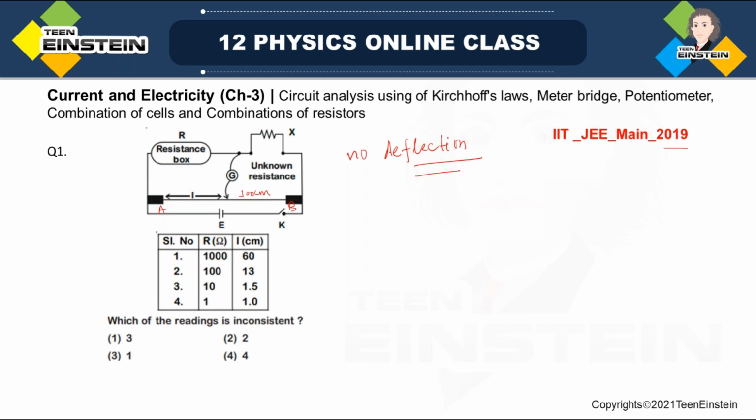So we have to find out at which length we are getting the null condition. While doing the experiment, we generally repeat it to get a more accurate result by averaging.